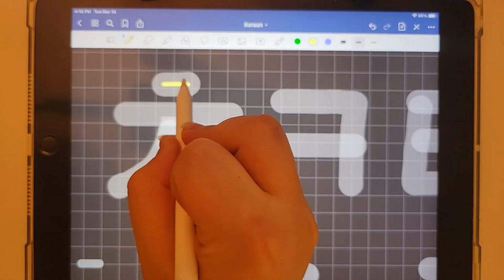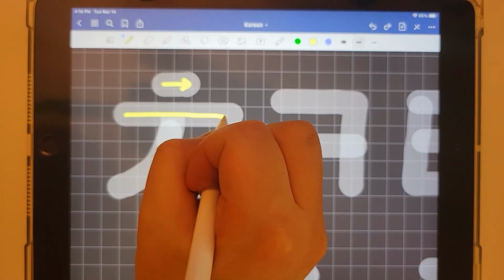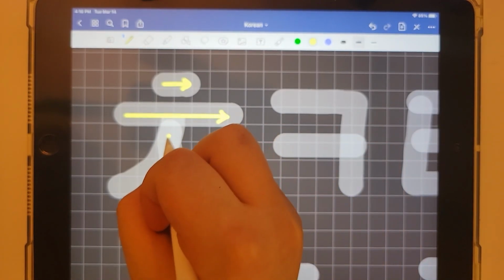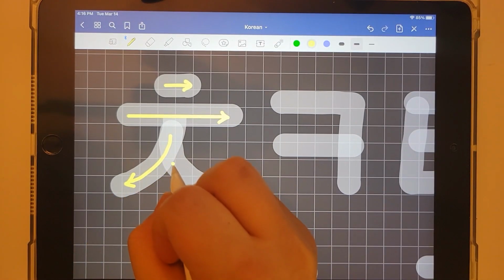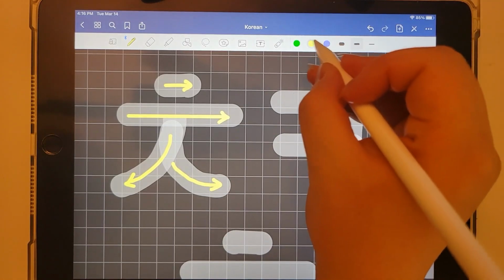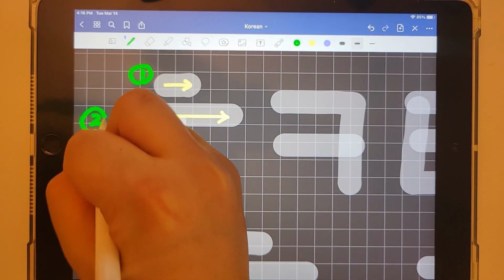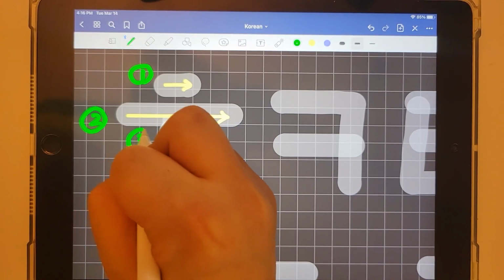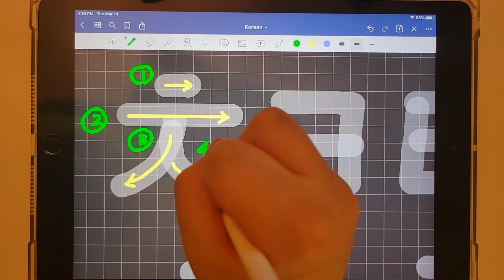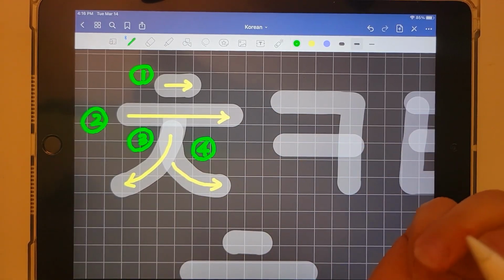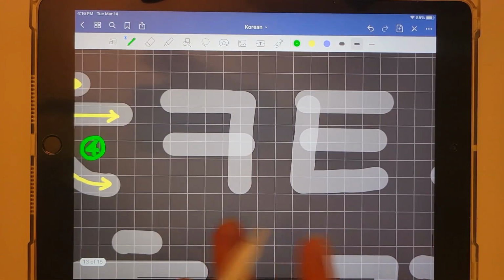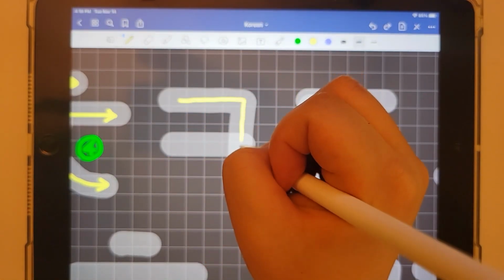We have our first dash on top, the dash stroke, yay, the short one. And this is gonna be T, and it has 4 different strokes in there. And then next is Q, which is gonna have 2 strokes.